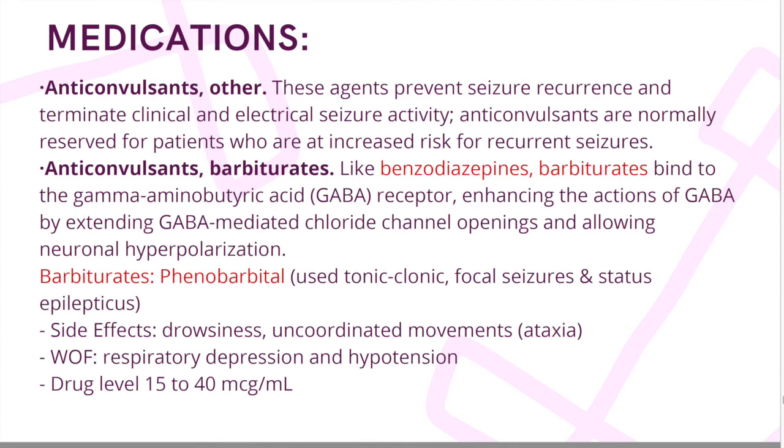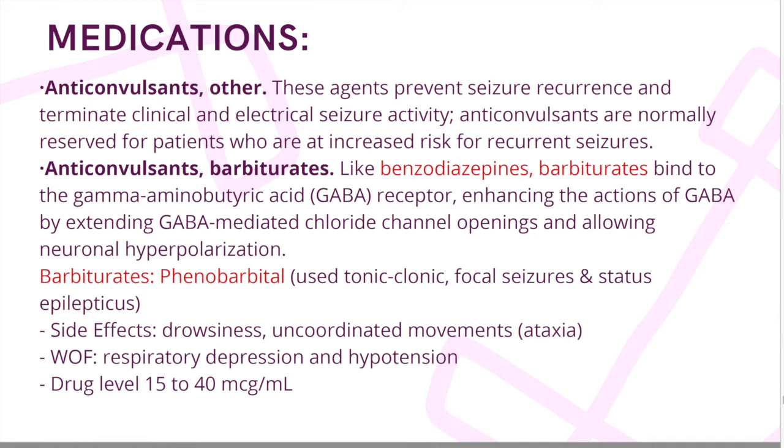hyperpolarization. Earlier I discussed in my simple pathophysiology the GABA, the inhibitory neurotransmitter that is released by inhibitory neurons. Since there is an abnormality or imbalance of this, phenobarbital is being used.